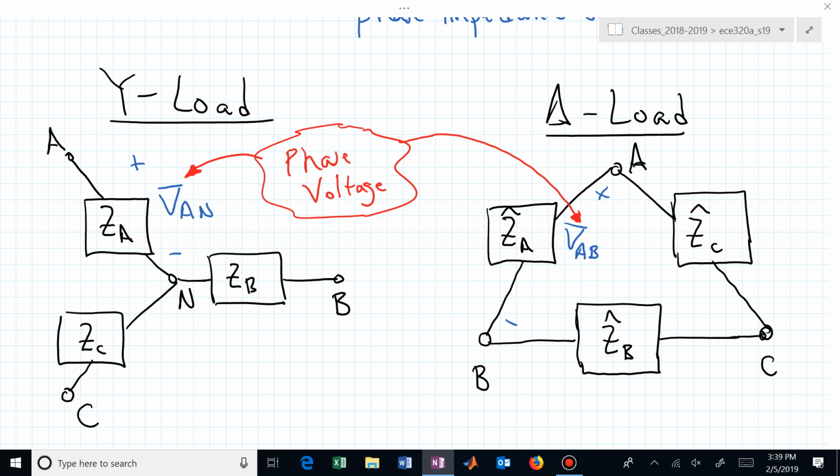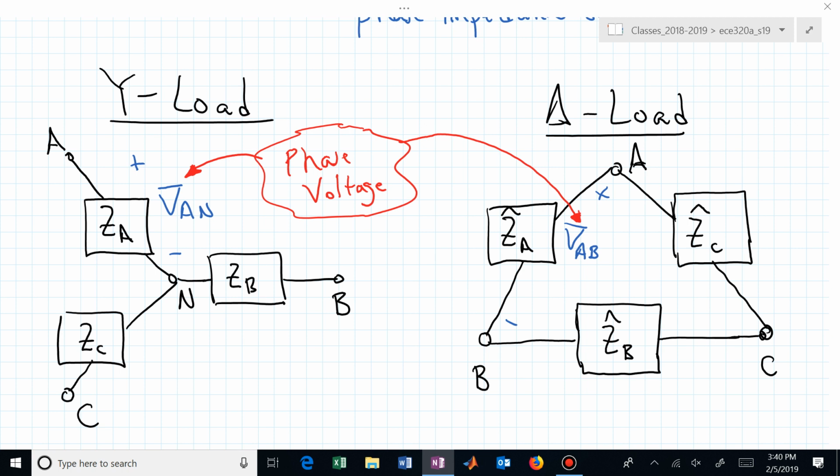The question is, how have I labeled my diagram? Well, the way that I'm trying to do it is, if I now labeled this, B would have a positive, and so my VBC would be the B phase impedance.